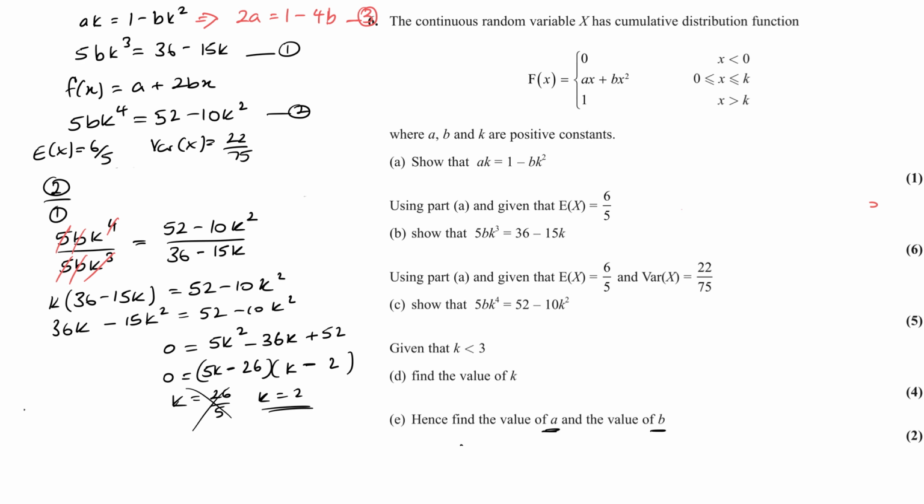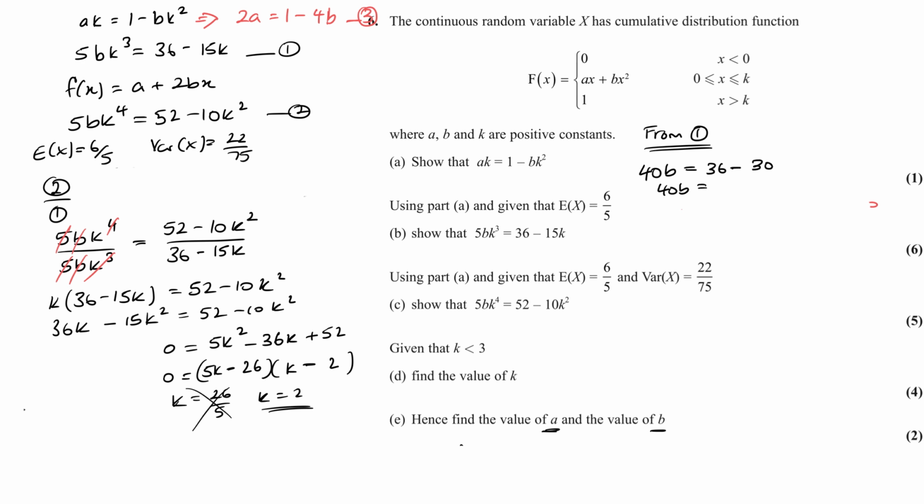And then out of the equations I've got left, I want to use the easiest one. So first start with 1. I'm going to do it from 1 over here. Because obviously 1 and 2, they both just got b, haven't they? So 1 would be k cubed, so 2 cubed is 8 times by 5 is 40b equals 36 minus 30.